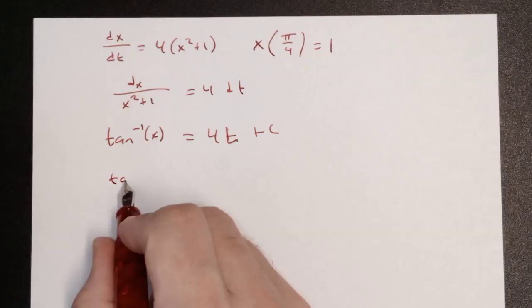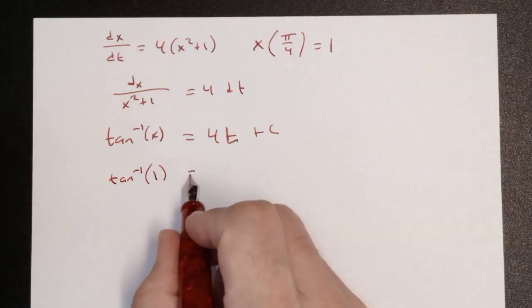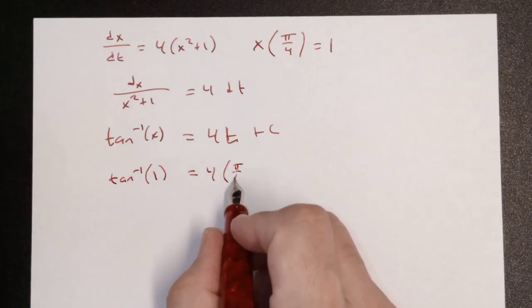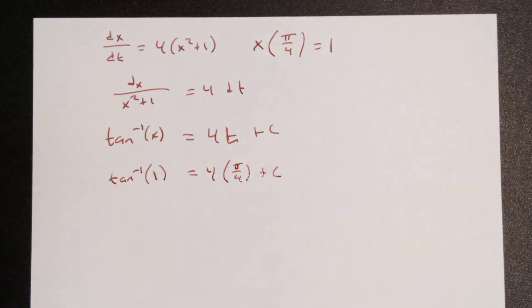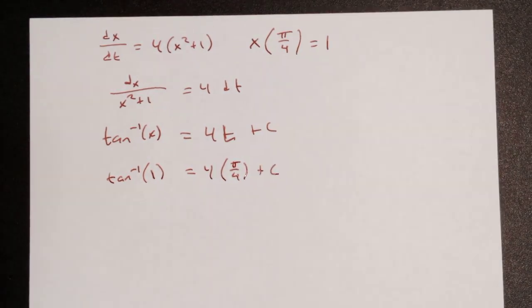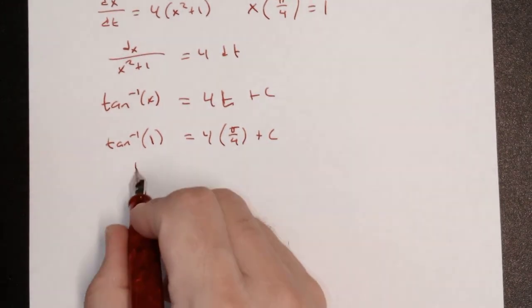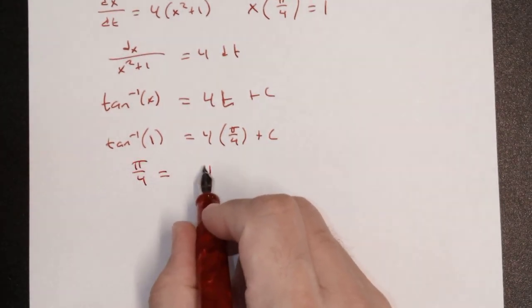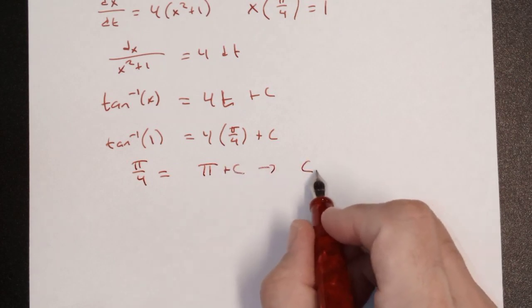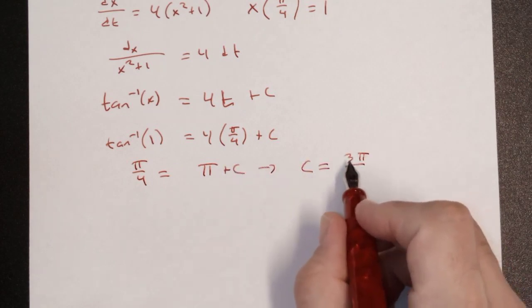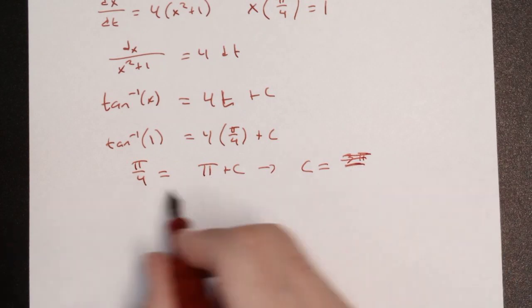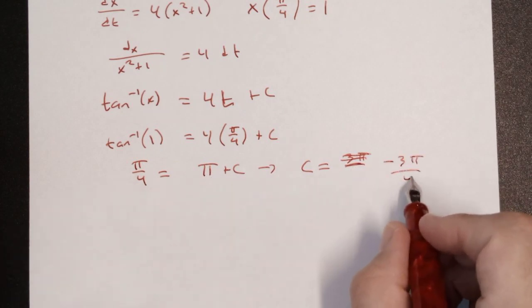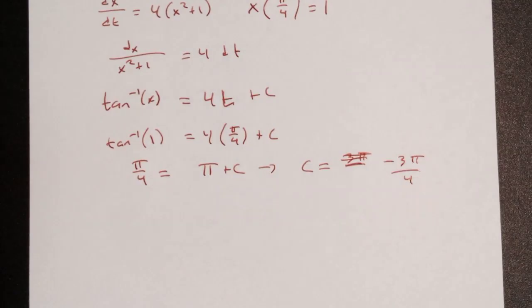So it's the tangent inverse of 1 is 4 times pi over 4 plus c. What's the inverse tangent of 1? What angle has a tangent of 1? Pi over 4. Helps if I subtract in the right direction. c is negative 3 pi over 4.